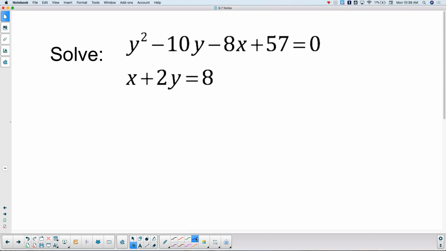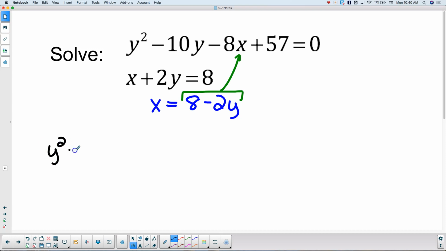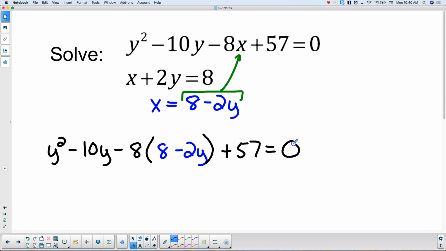Okay? So I would solve this equation for x. Then I would take that and plug it back into the other equation. So that's going to give me y squared minus 10y minus 8 times (8 minus 2y) plus 57 equals 0.